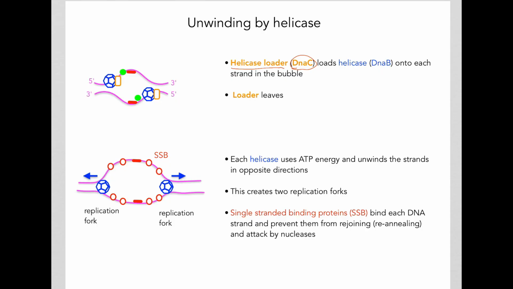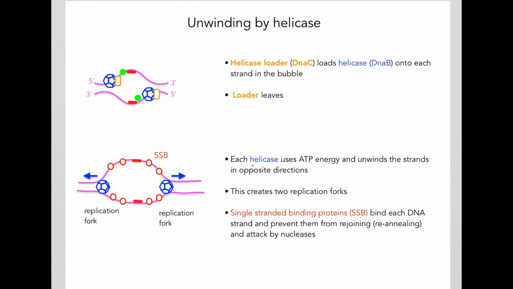This protein will now load a helicase or DNA B on each strand. So we see a helicase on this strand, we see a helicase on the other strand. After loading the helicase proteins on each strand, the loader now leaves the ORI-C region.